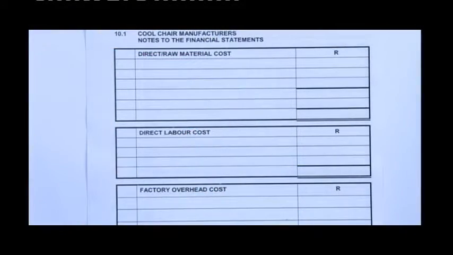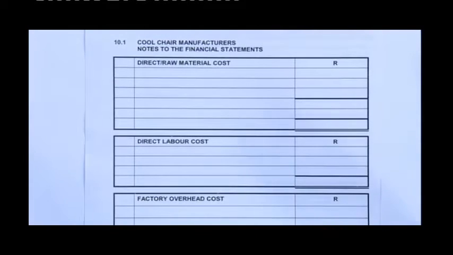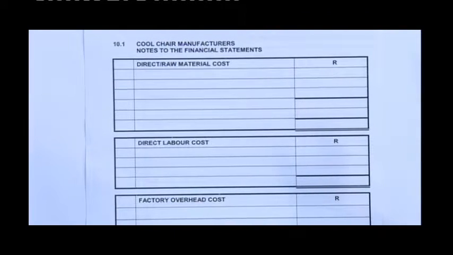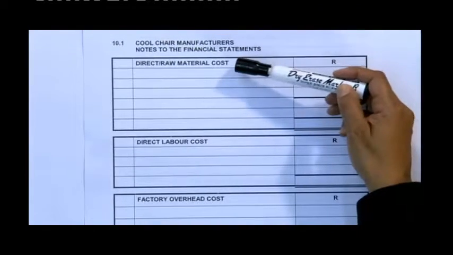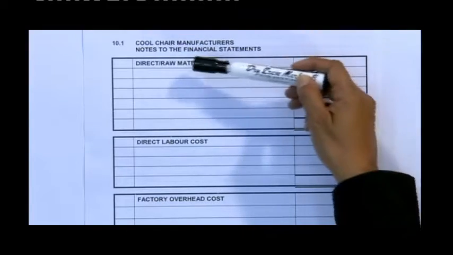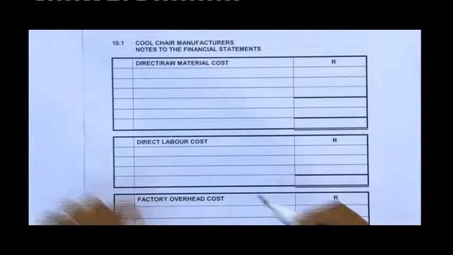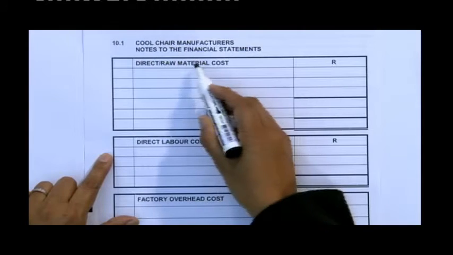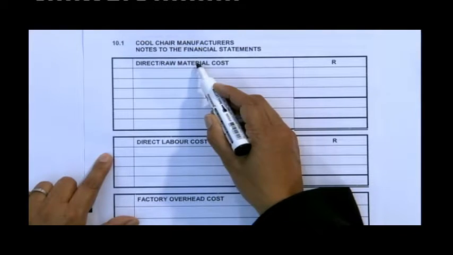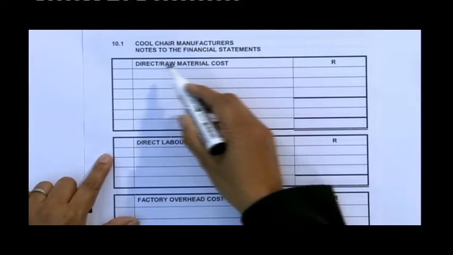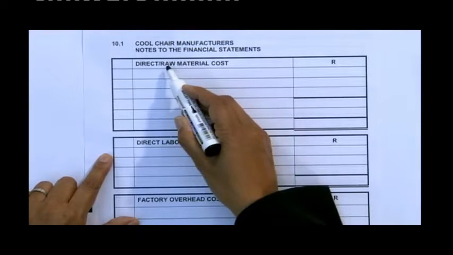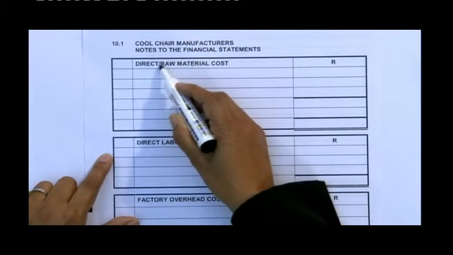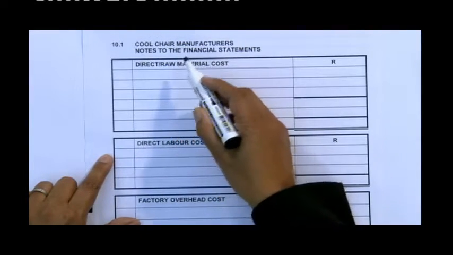And I just want to show you on the answer sheet. Right, here we have question 10.1. The question wants us to complete the direct or raw material cost note. Another word for direct materials is raw materials. So it's the same thing. When you see raw materials in your question, it is the same as direct materials, so don't become confused.